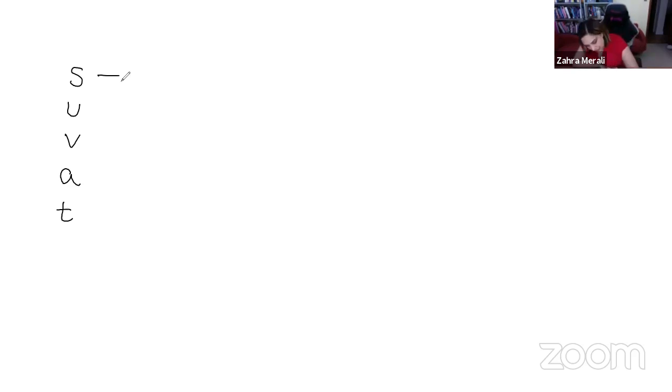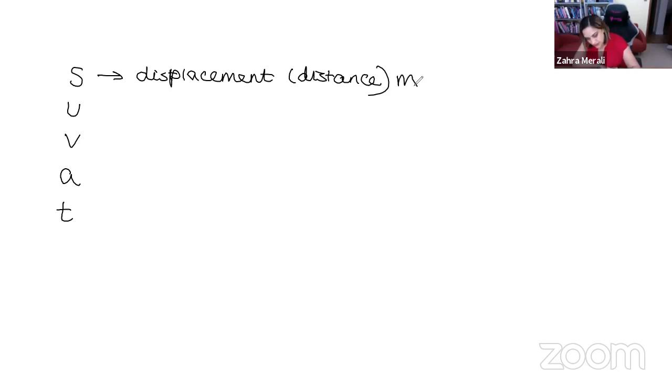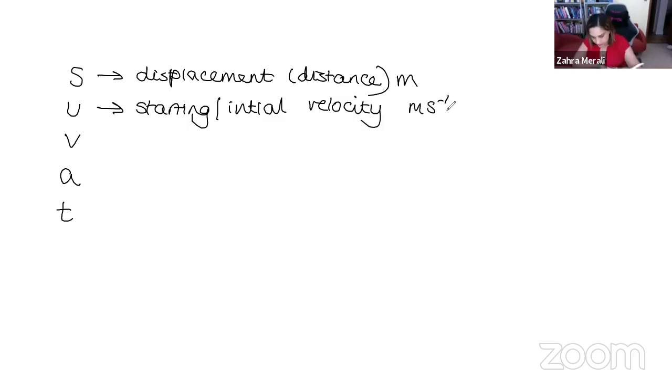We already talked about S, and how this is the displacement. I'm going to put in brackets distance so you remember what we were referring to. And that's in meters. U is my starting or my initial velocity, and that's in meters per second, generally.